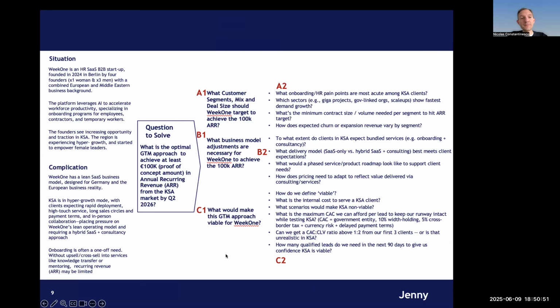Now A2, if A1 is simply which customer segments should we target, then A2 just becomes a question of what criteria we should use to assess a segment's attractiveness and which segments best meet these criteria. I think it just becomes that simple. So in other words, the intellectual work is about figuring out what those criteria are.